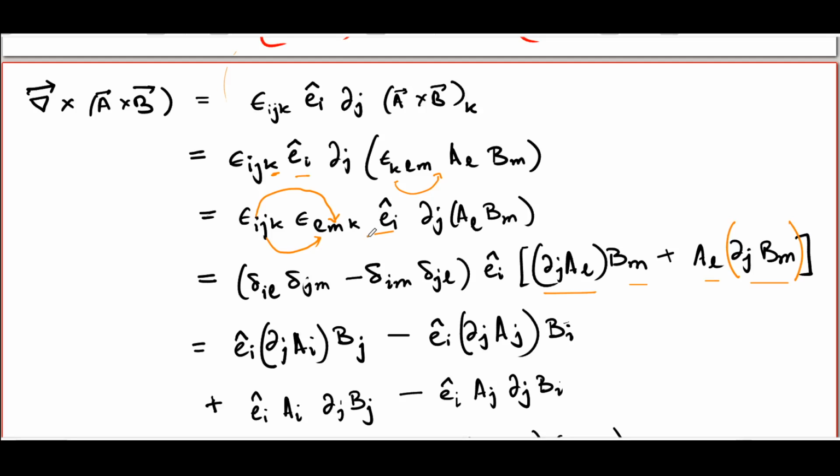Now here I am actually summing up over all the indices. Note that the expression on the left has no free indices. It's curl of A cross B. I'm not talking of the ith component or anything here. So there are no indices on the left hand side. So the right hand side of course also has no free indices. All the indices that you can see, i, j, k, l and m, all 5 are actually dummy indices.